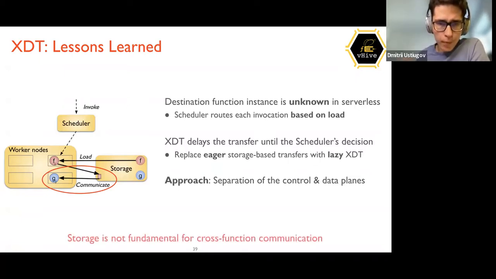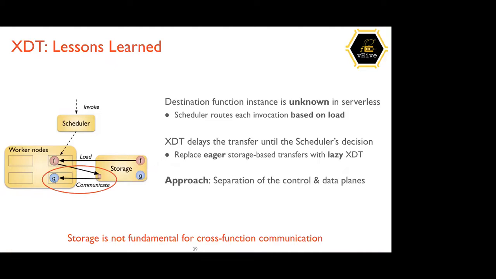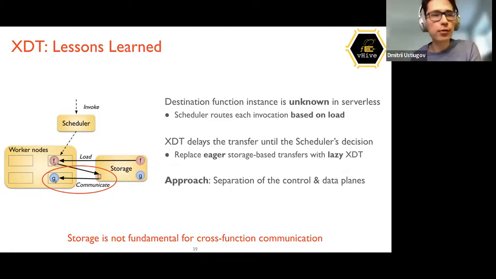The main takeaway from this work is that storage is actually not required, because the data can be buffered at the source and quickly consumed and recycled by the destination. I would be happy to take some questions here.